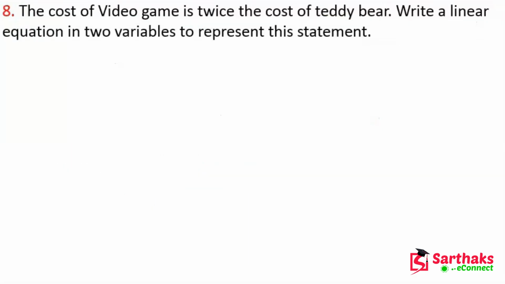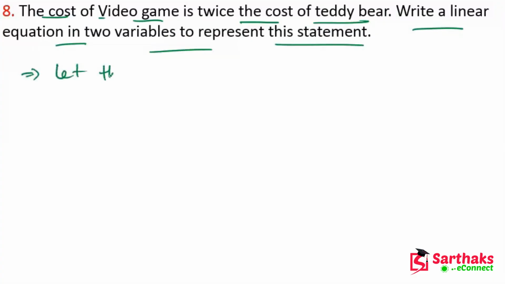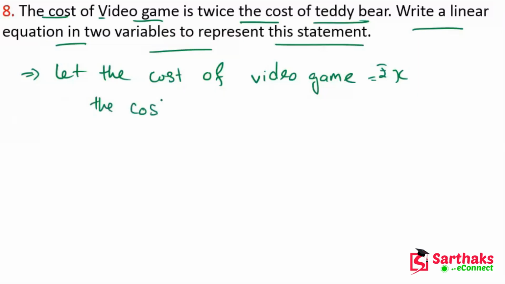So the next question is: the cost of a video game is twice the cost of a teddy bear. Now write the linear equation in two variables to represent this statement. First of all, let the cost of the video game be x rupees, and the cost of the teddy bear be rupees y.